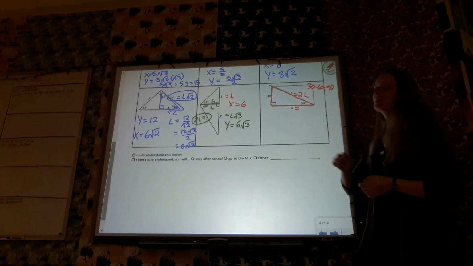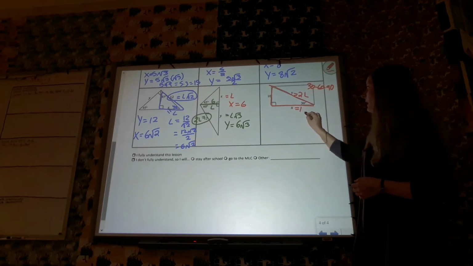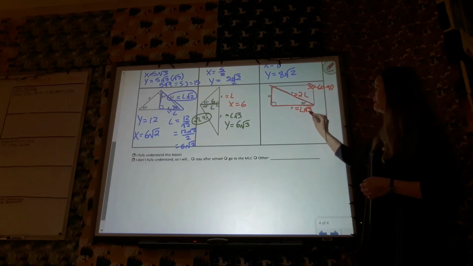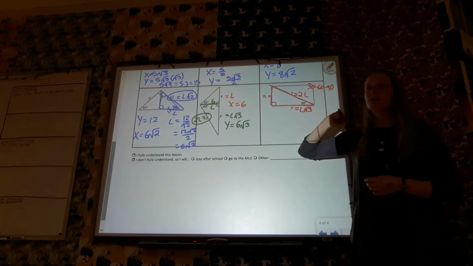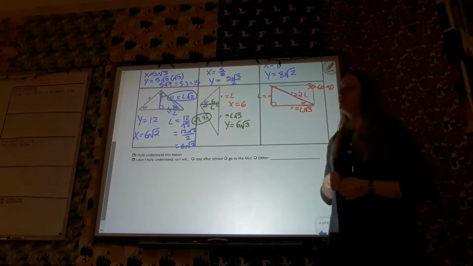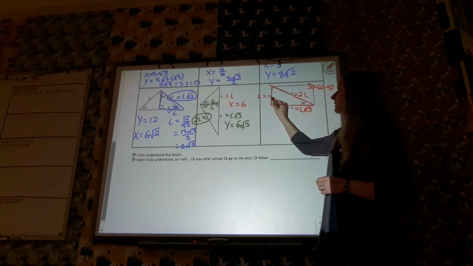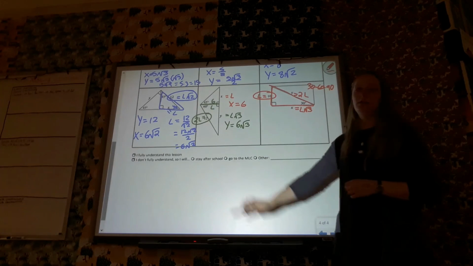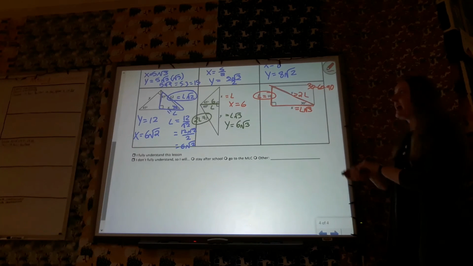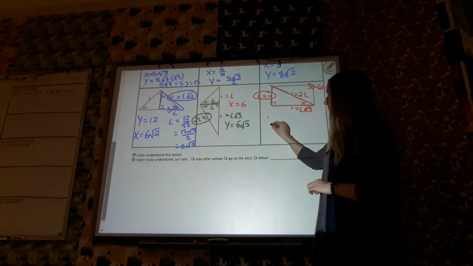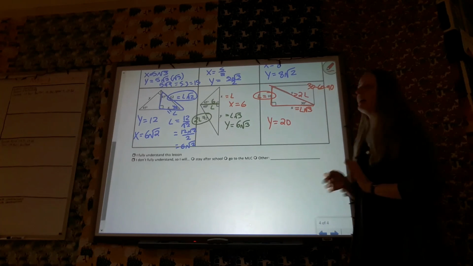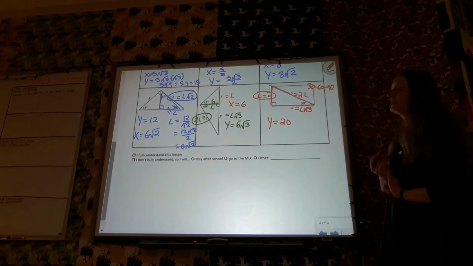Rule for x: L root 3. And the side across from 30, the shortest side, is L. Which one am I going to circle? L equals 10, right? So if L is 10, then what's the value of y? 20. And if L is 10, what would the value of x be?